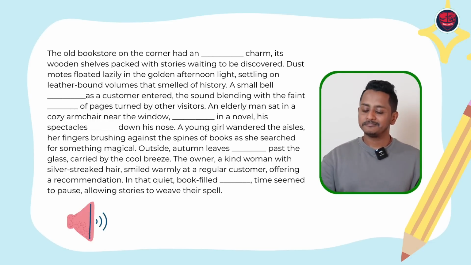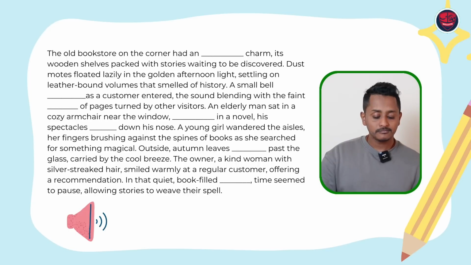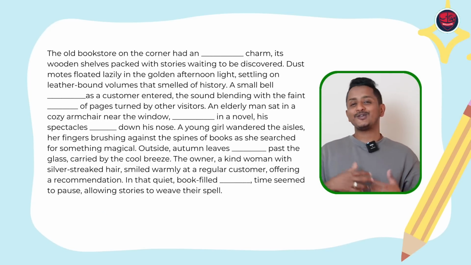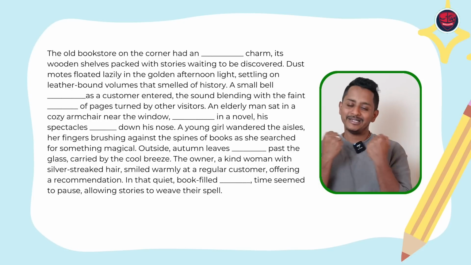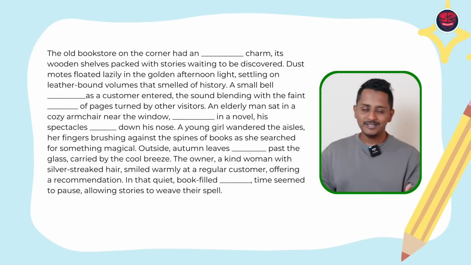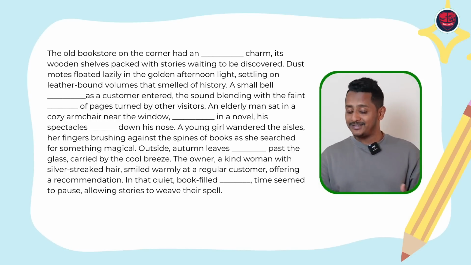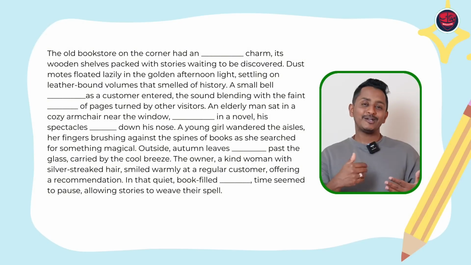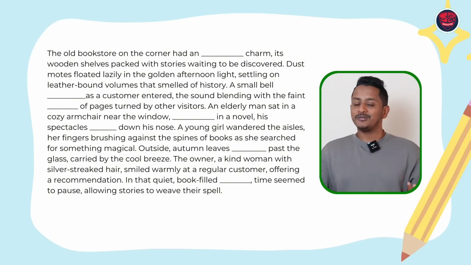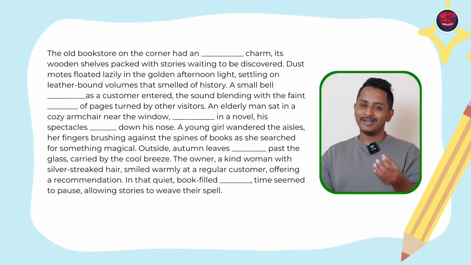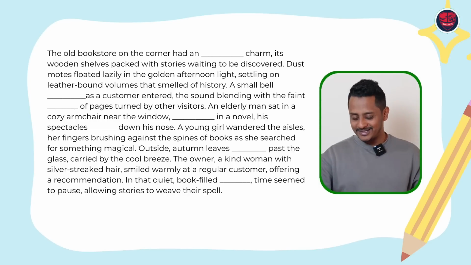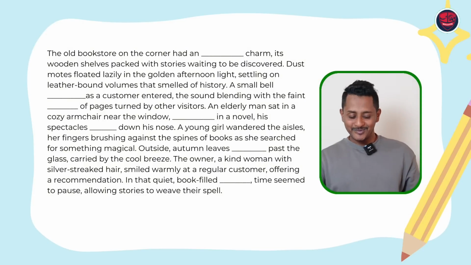An elderly man sat in a cozy armchair near the window, engrossed in a novel. Engrossed is completely captivated. The person here is not pronouncing it correctly as it is supposed to be. He's saying engrossed. It could be engrossed or engrossed. You have to get the context and predict. That's the only way out. ENGROSSED is the word.